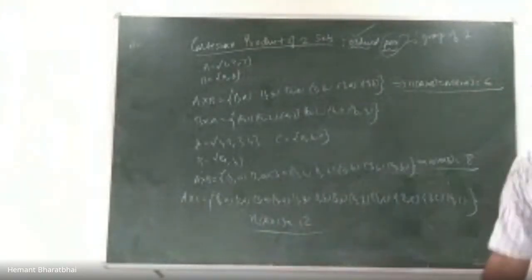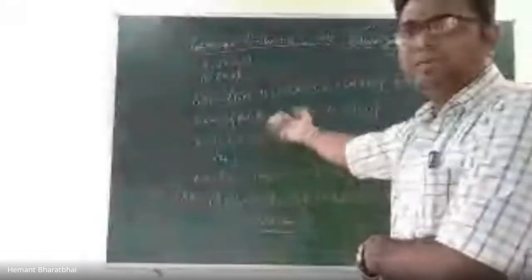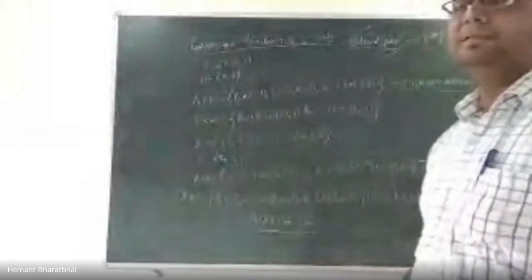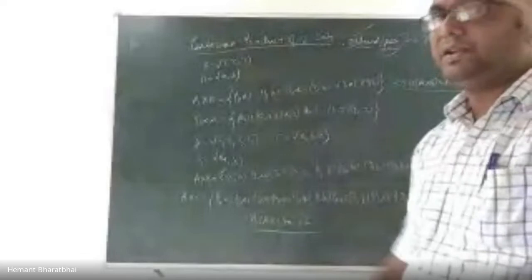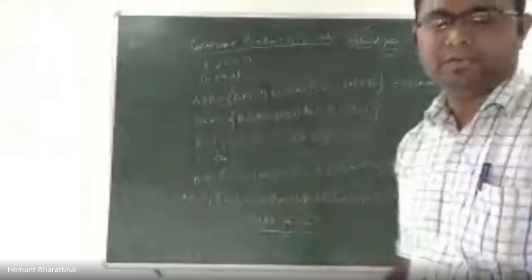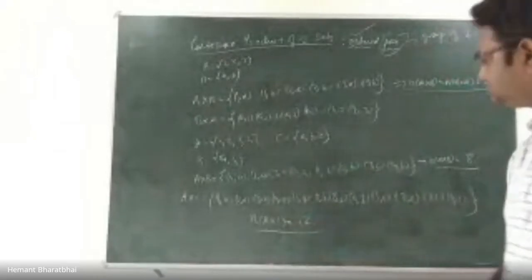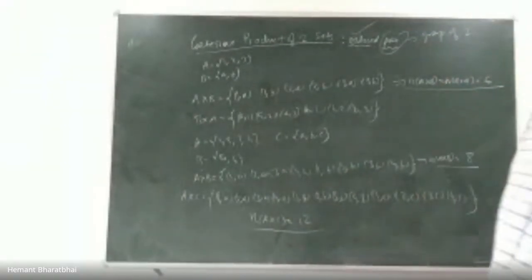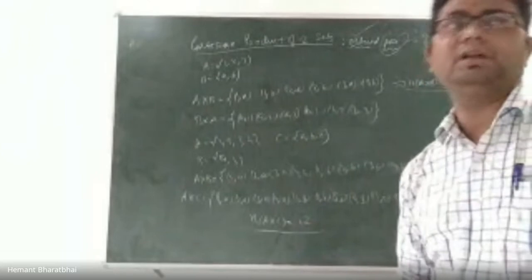So now let's try to find out the general formula. Finding or writing all the possible combinations is not possible. If I increase the number of elements in the sets, then thinking of the combinations, writing them, and then counting all of them is the wrong approach, because it is very possible that we may forget one of the combinations.